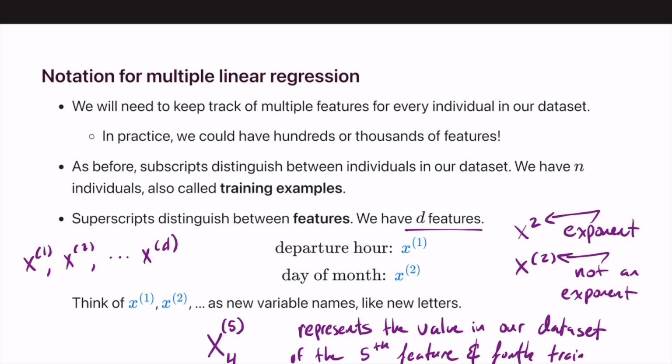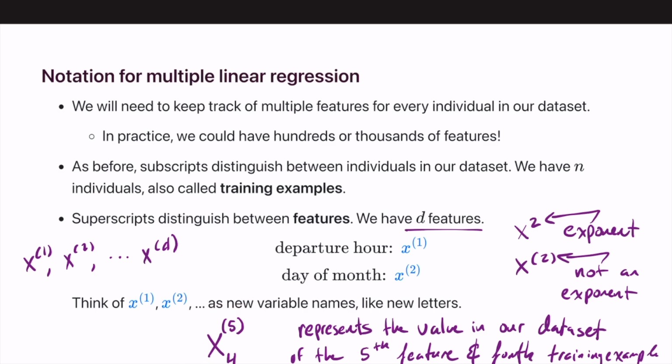So we would say it's the 5th feature and the 4th training example. You wouldn't say x sub 4, 5, or anything like that. This notation is just the way we're doing it here, and there are other ways that people talk about these things. Anyways, going forward, this is what we will use.